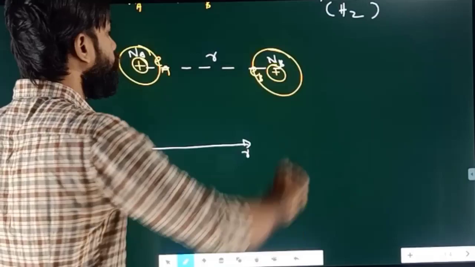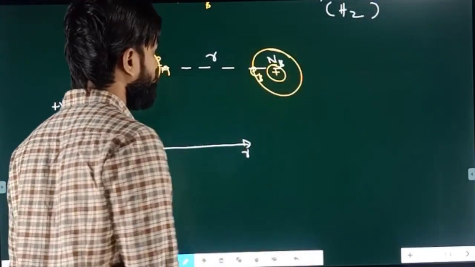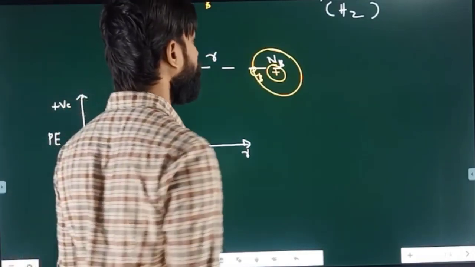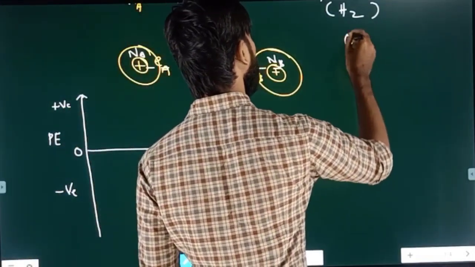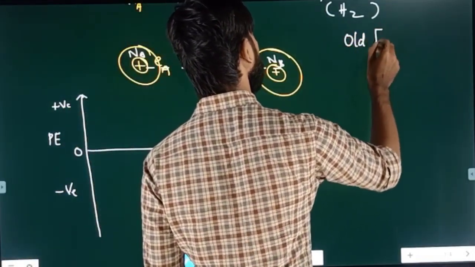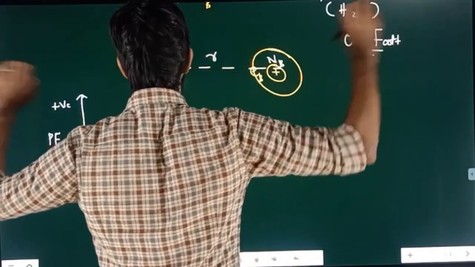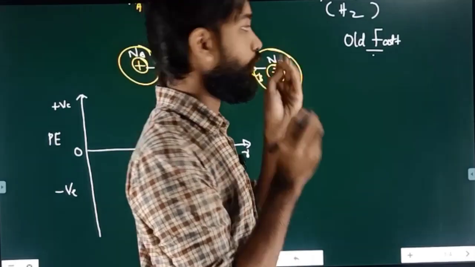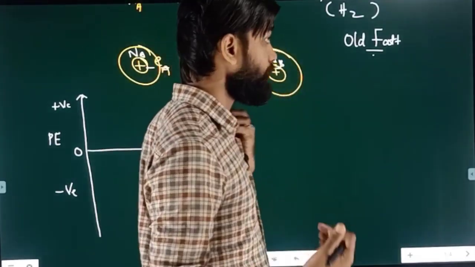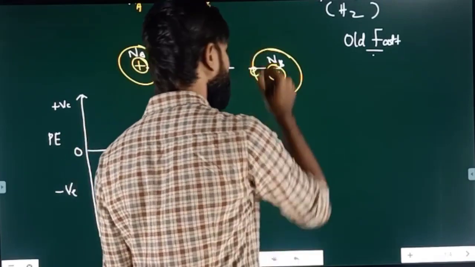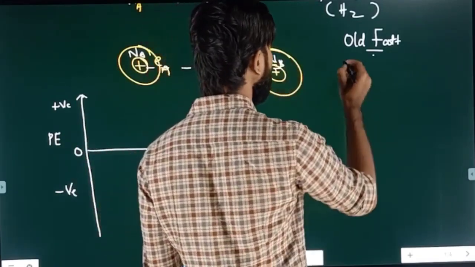When the two atoms are at an infinite distance, there is a small kind of attraction, the old attractive force. There is always a universal attraction, that is, attraction between the electron of that atom and the proton of the other atom.